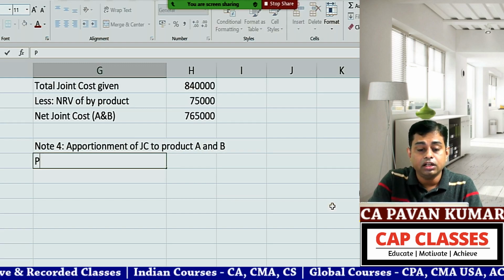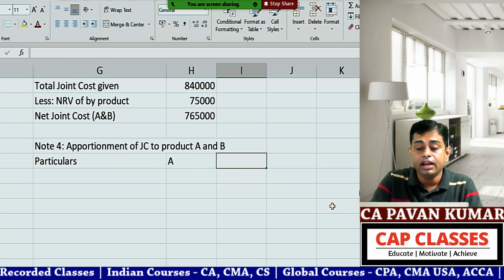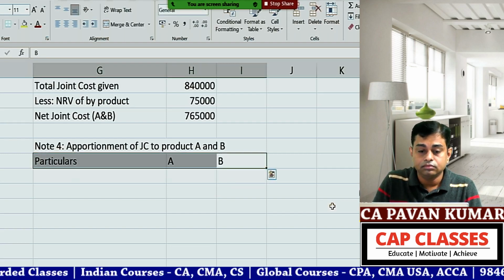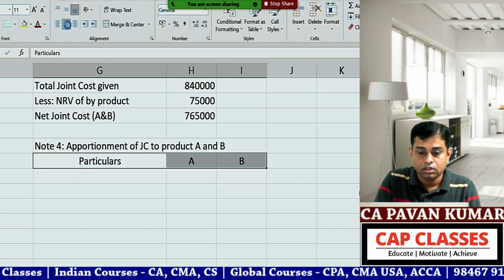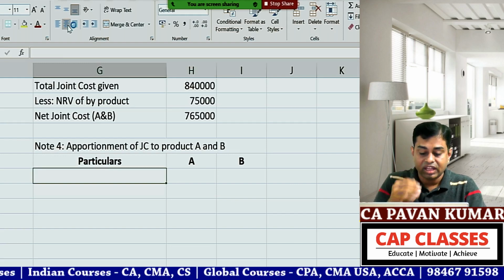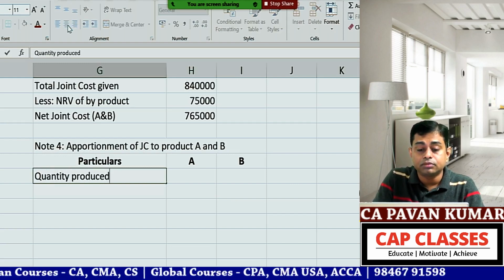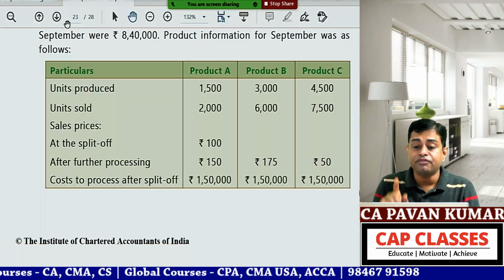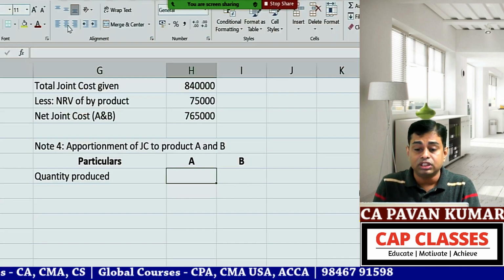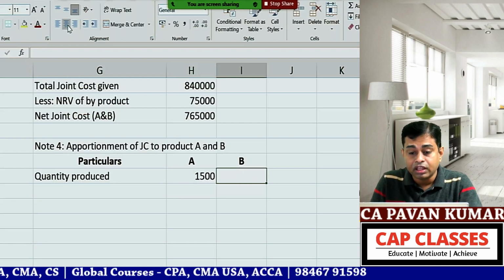Okay, particulars A, B. Quantity produced. So what is quantity produced of A? 1,500. For B, 3,000.